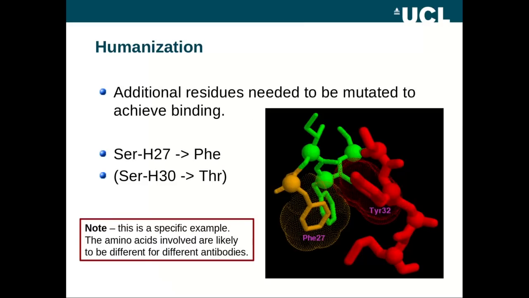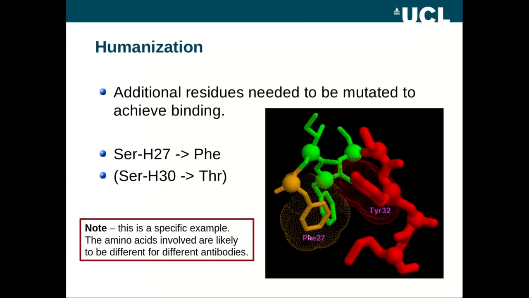So Greg Winter looked at the structure of this particular antibody and found that CDRH1, which is shown in red here on the right, packed against this bit of structure in the framework, which is shown in green and orange.